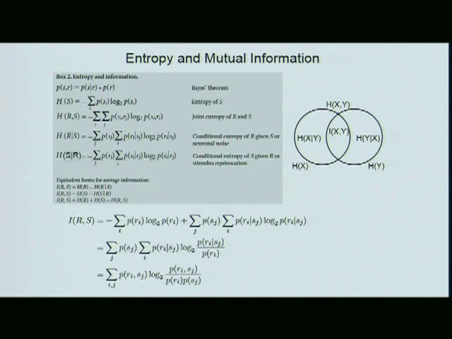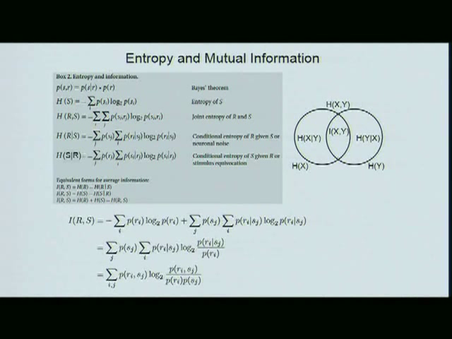So the equation for information is a reduction in entropy due to making an observation, or the presence of a stimulus. But if we just write out those equations, you use Bayes' rule, and you do a little math, and you manipulate it around. You can write it down into a form like this, where now we're just looking at the joint distribution between stimulus and response. And then there's the stimulus distribution and the response distribution.